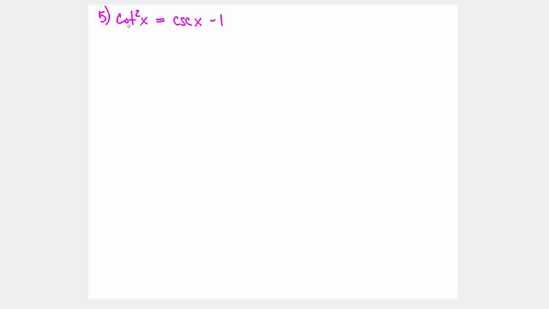Cotangent is really cosine over sine, meaning cotangent squared of x is cosine squared of x over sine squared of x. And cosecant is 1 over sine, so we'll write that as 1 over sine of x, and then minus 1. This is an equivalent form of the equation we were given originally.